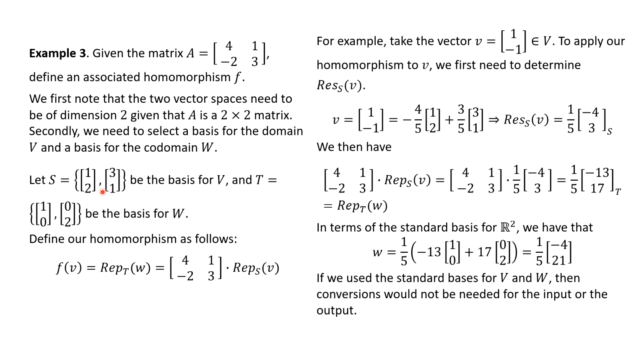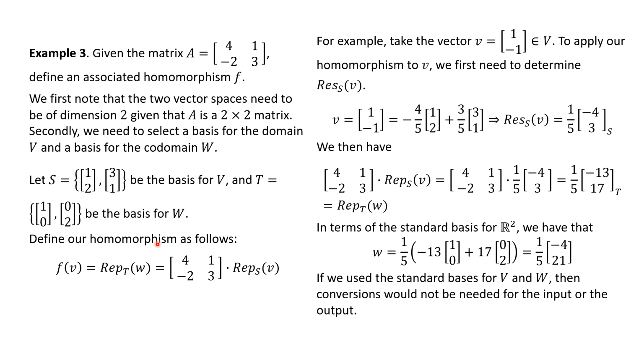I intentionally picked something other than the standard basis to make it a little more interesting. For the domain, let's use the vectors (1, 2) and (3, 1). I checked these are linearly independent, so these are a basis. And then for the codomain, I selected these two vectors, and it's much more easily seen that these are linearly independent and form a basis.